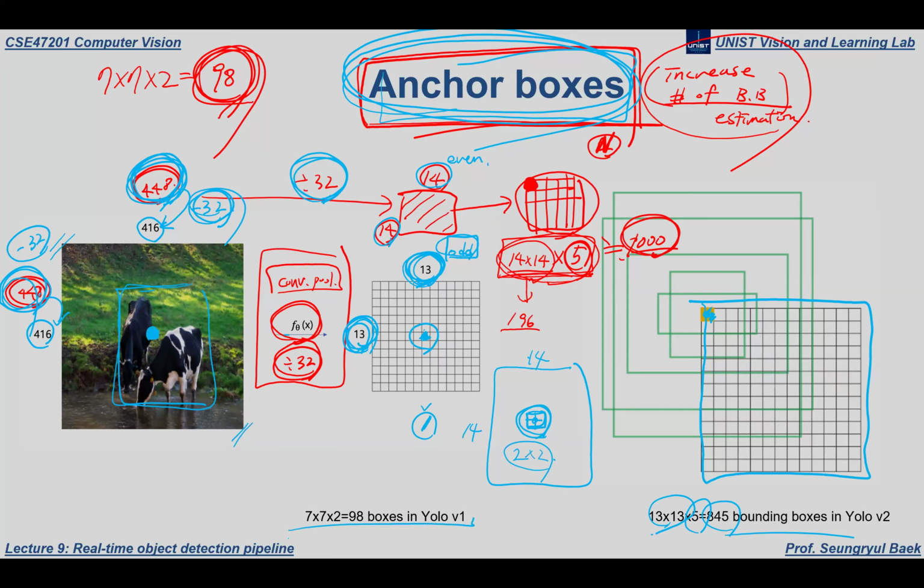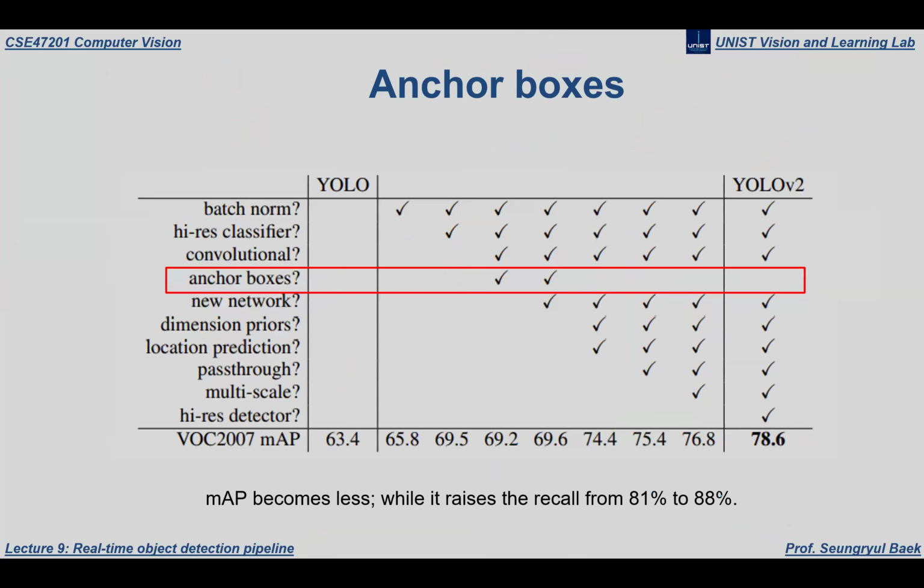Okay, compared to the number of boxes in YOLO version 1, they can increase the recall, but instead, due to the trade-off between recall and precision, their precision can be slightly reduced. So as far as I remember, in the paper they reported that mAP becomes slightly less by involving the anchor box scheme, right? But their recall, which is not reported here, is increased from 81% to 88%. So that's why they are using this anchor box scheme. Okay.